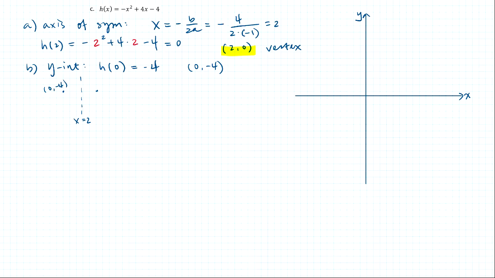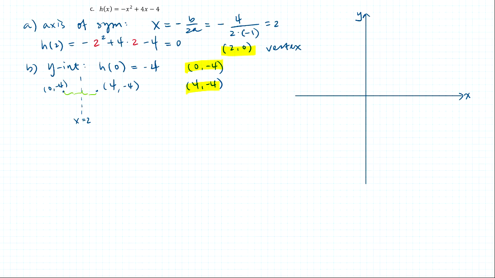If the other point is an equal distance away from the axis of symmetry, we can just use 2 times 2 for the x-coordinate. So we have 2 times 2, which is 4, comma, negative 4, because these two are equal distance and at the same height. And (4, negative 4) is the mirror point.